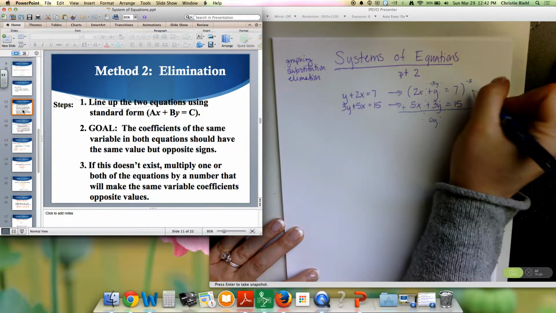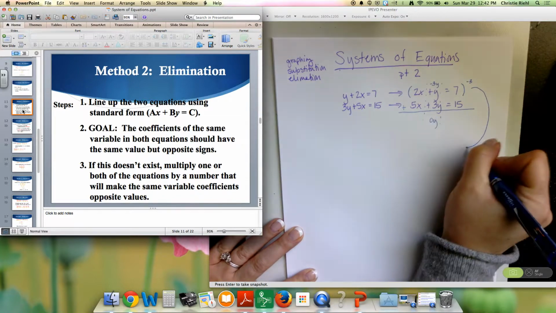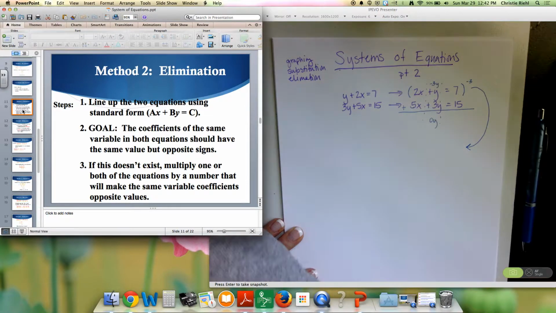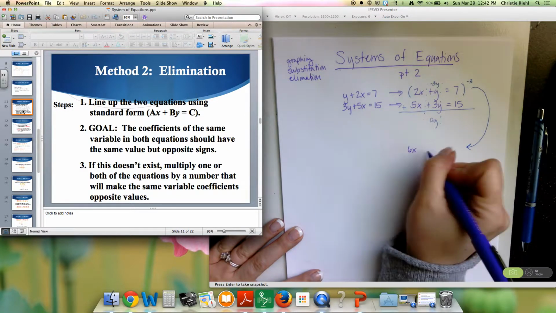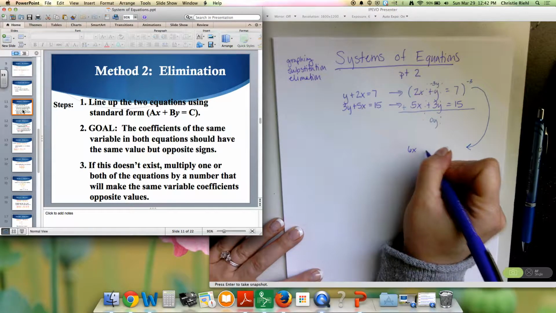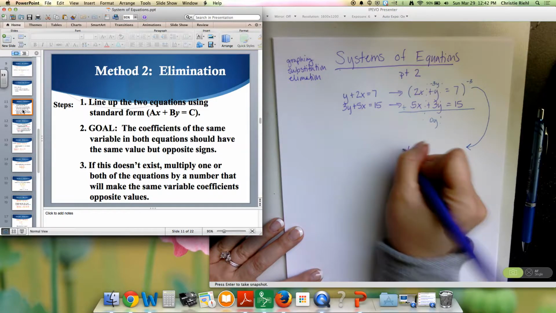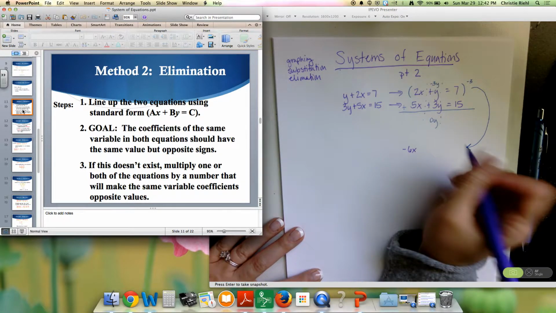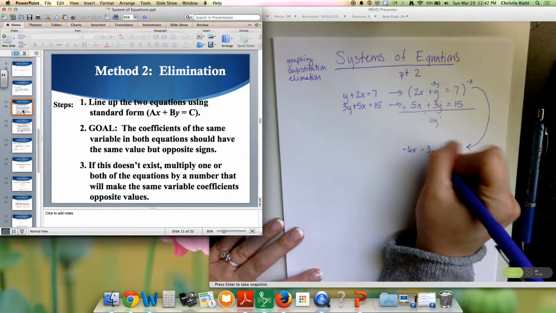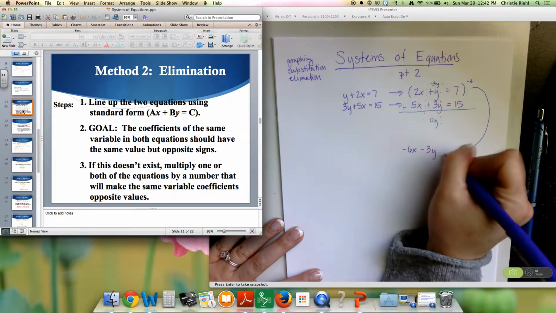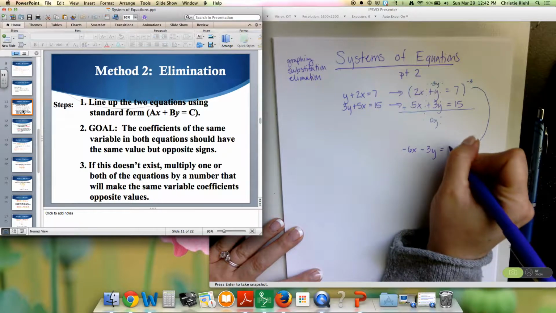When I go ahead and I multiply by negative 3, everything changes. Instead of 2x, I now have negative 6x, because I'm multiplying by negative 3. Instead of a positive y, I'm going to have negative 3y. And then instead of equaling 7, I've got to equal negative 21.